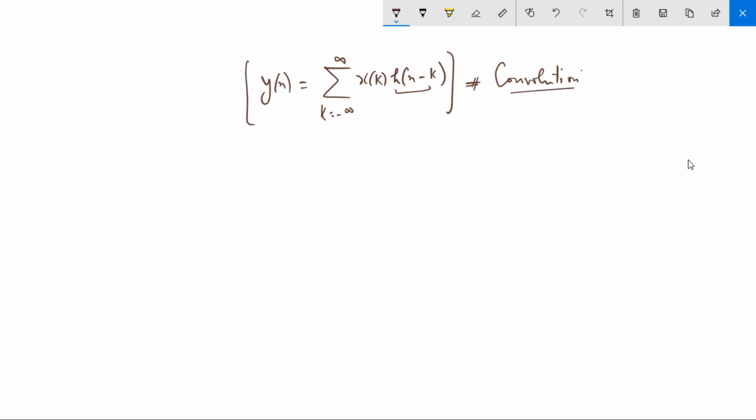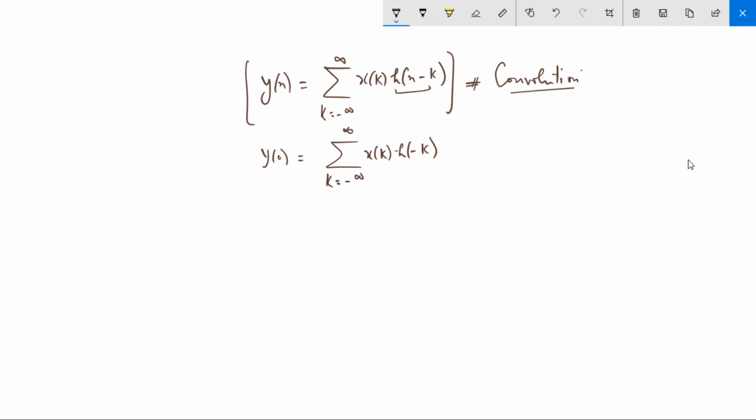So how to find this output now? Suppose you find y0, the response or the output of the system at n equal to 0, you will get simply summation over k of x of k into h of minus k.